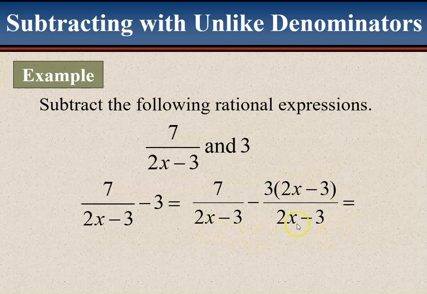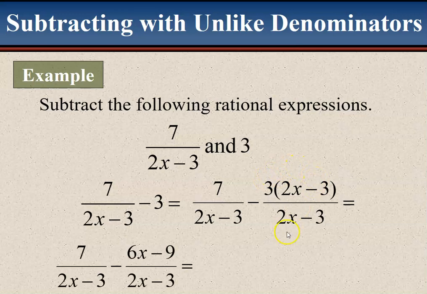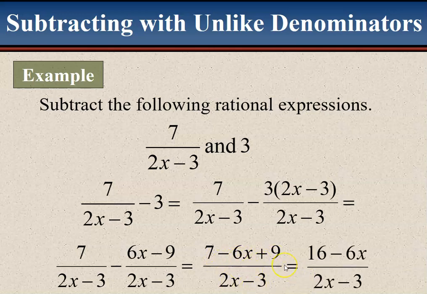So therefore we can have now this common denominator 2x minus 3. And then after that, distribute first, so that it will give you 7 over 2x minus 3 minus 6x minus 9 over 2x minus 3. That will lead us to 7 minus 6x plus 9 over 2x minus 3.